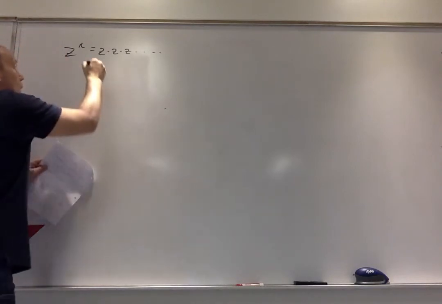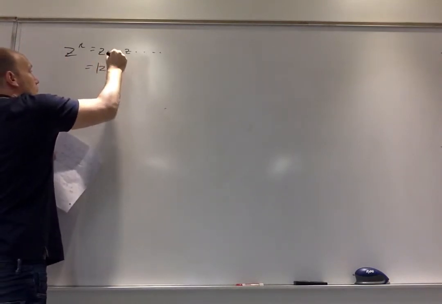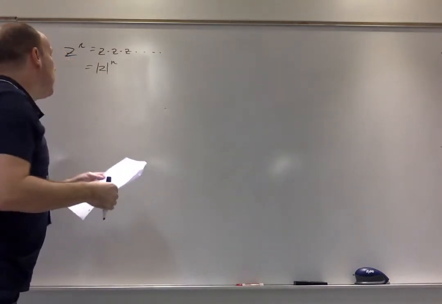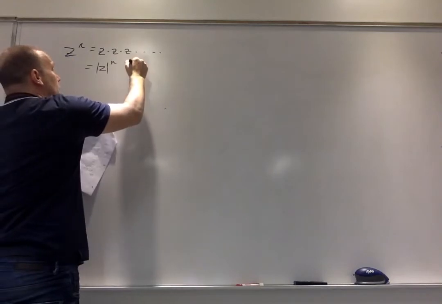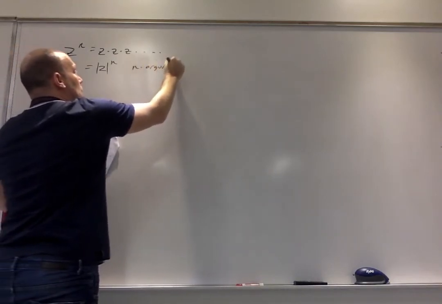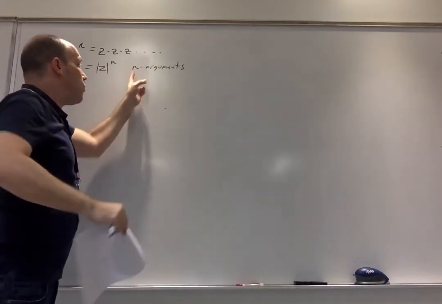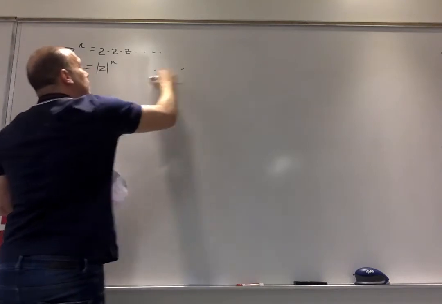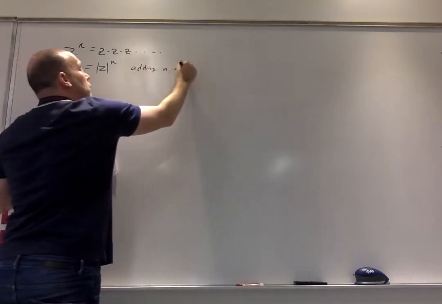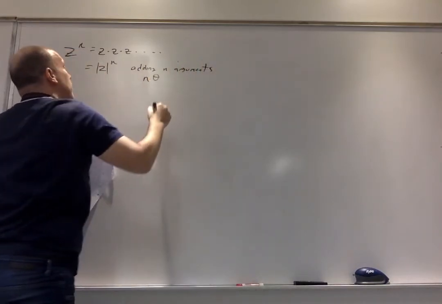Well, we know that this is the modulus to the nth power, and it's n times the argument, because we're multiplying, so we're adding n arguments. It's like n theta, right?